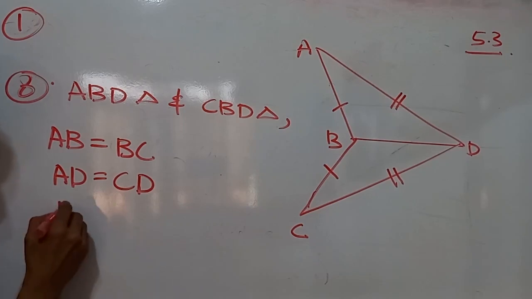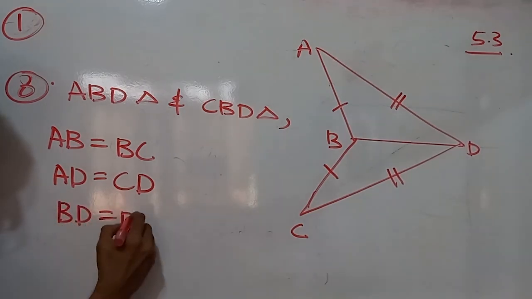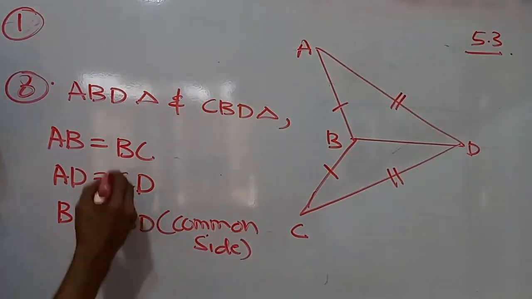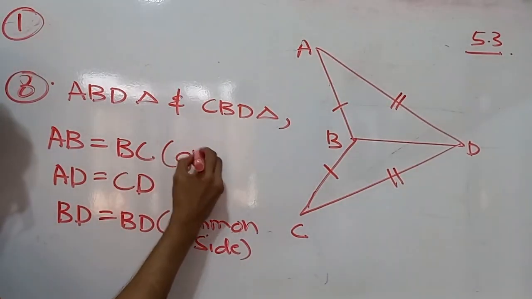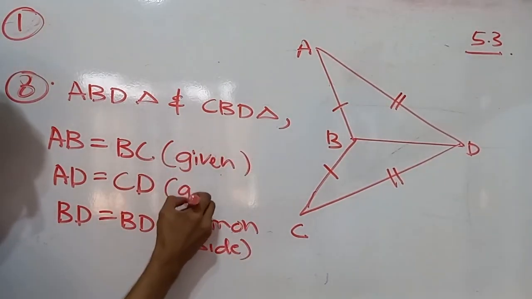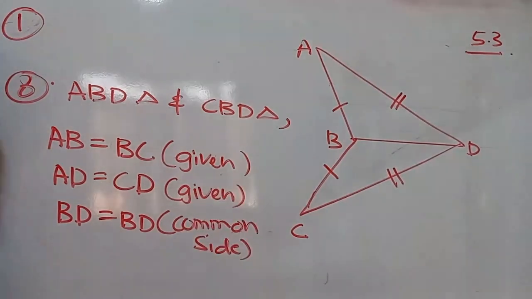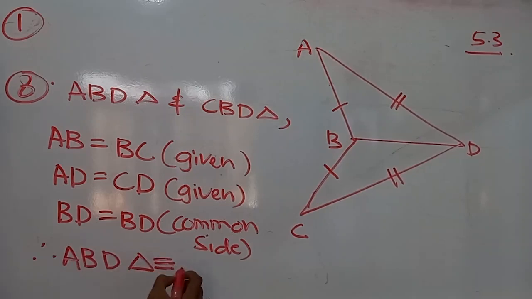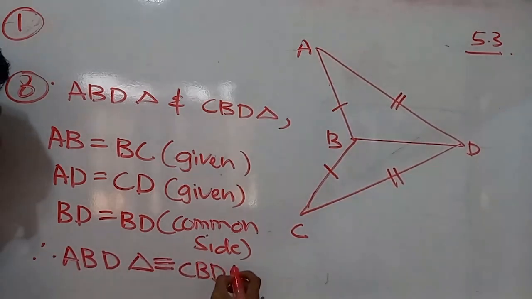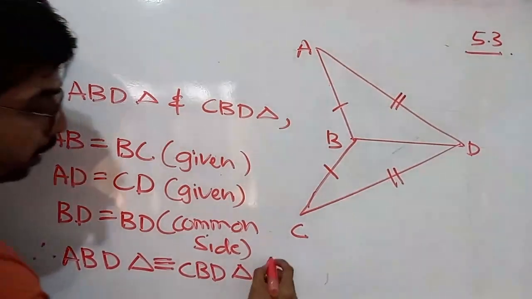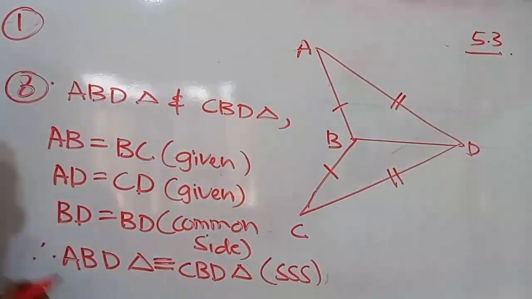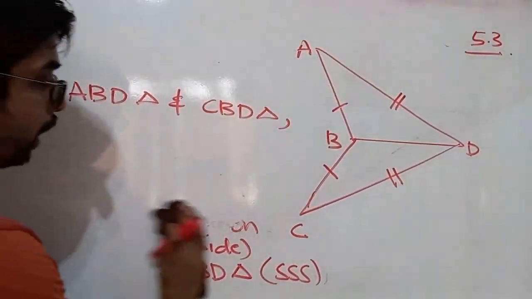Then we have BD equals BD, which is a common side, right? So AB equals BC, this is given. This is also given in the diagram. So we can easily say triangle ABD is congruent to triangle CBD. Okay. What's the condition? Side, side, side. Right. So now we will write down the corresponding elements.